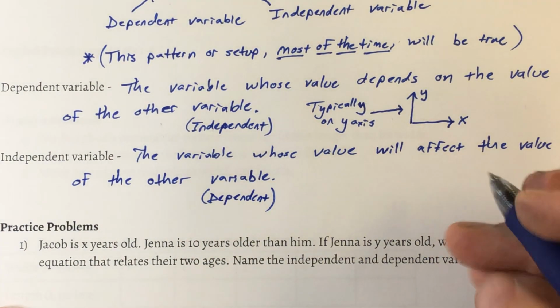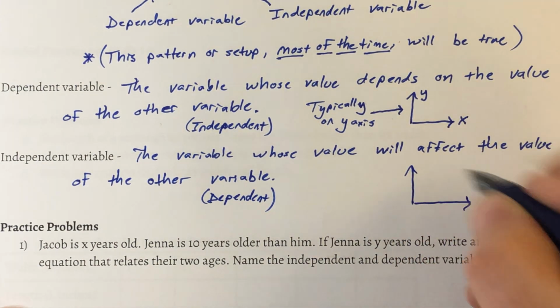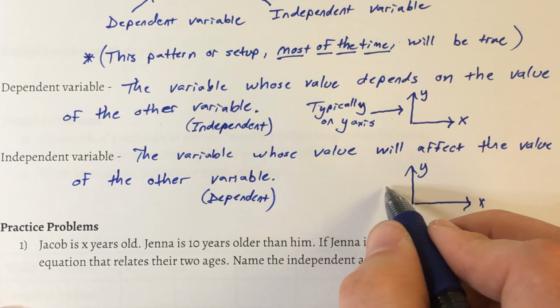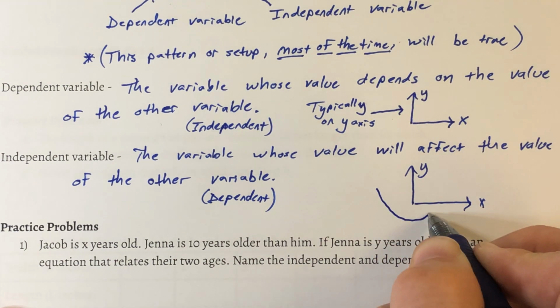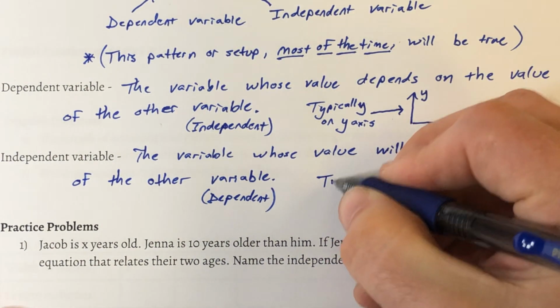And again, if you're going to graph this on your y and x axis, your independent variable will typically be found on your x axis.